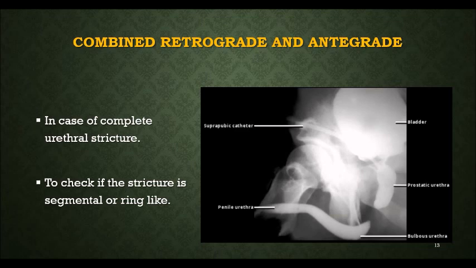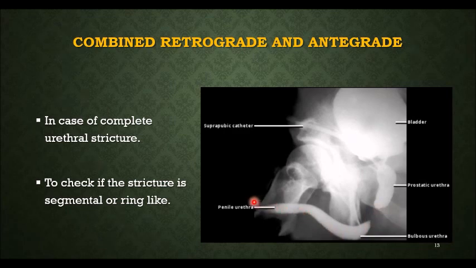And finally, when there is a total or complete obstruction, you will need to combine retrograde and antegrade studies. Here we have the case of a patient with a complete stricture. It's a segmental stricture.